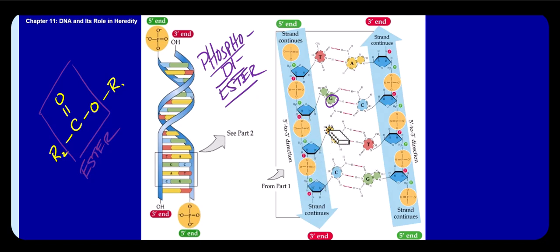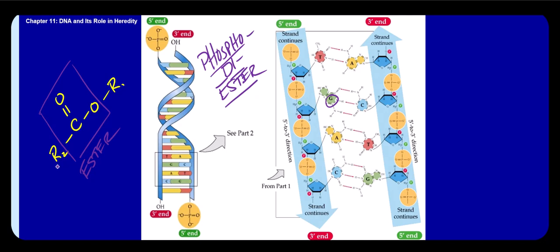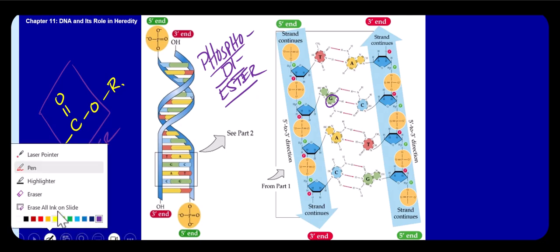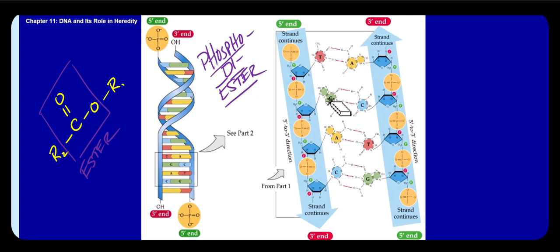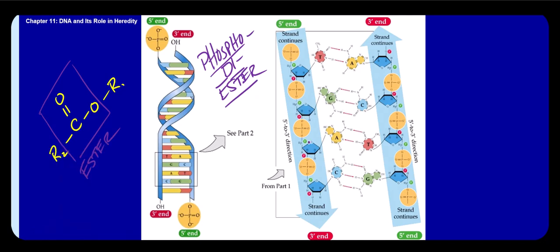But there's a couple more things that are interesting about the sides of the DNA molecule. If you look at this sugar, we have the oxygen on the top of the sugar, oxygen on the top, and so on. If you look at the other side, the oxygen's on the bottom.